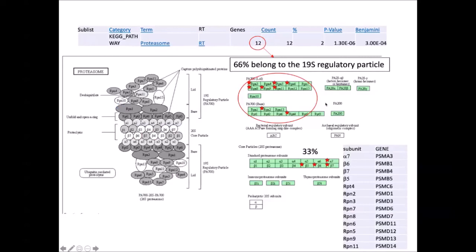So most of the genes that have a lower expression in the Laurasiatheria and are enriched are genes that make proteins for the regulatory particle that determines which peptides get admitted into the proteasome.